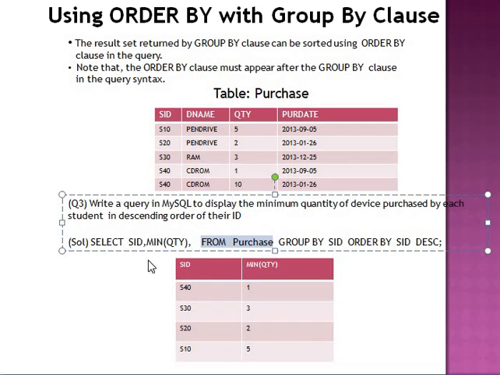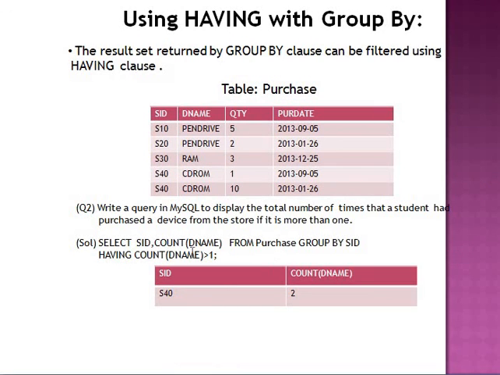Just after selecting the column names, based on the condition implemented with the help of the group by clause and the order by clause. Same is the case with this SQL statement. You can see this from clause referring to this table name purchase, that is this one.